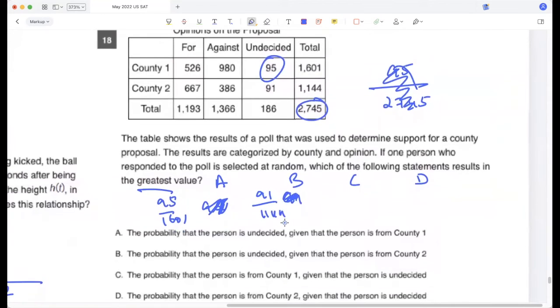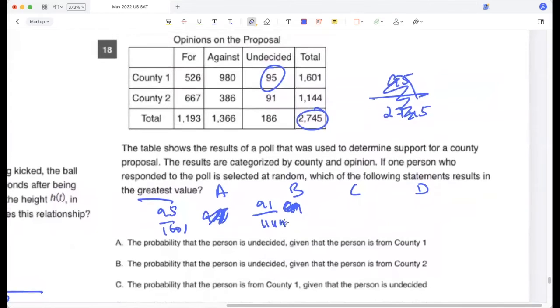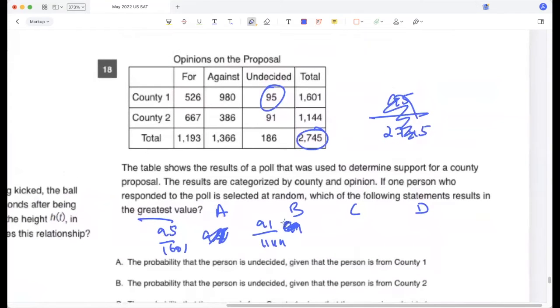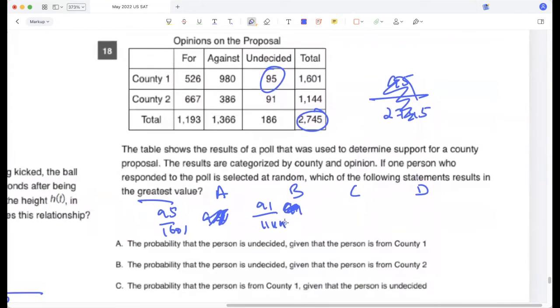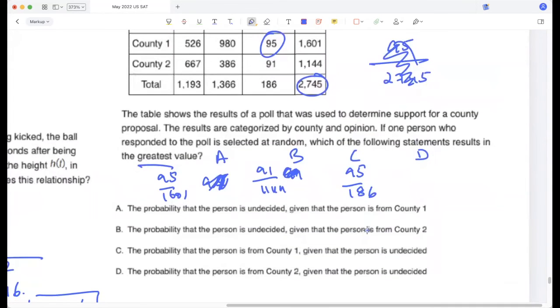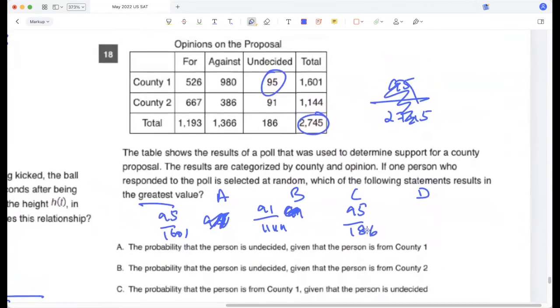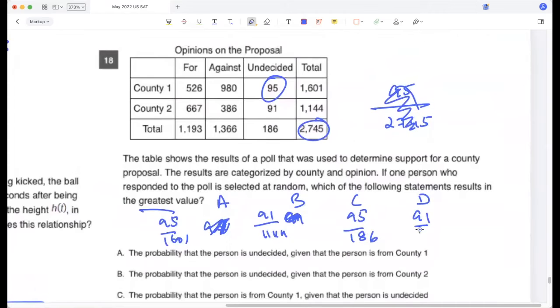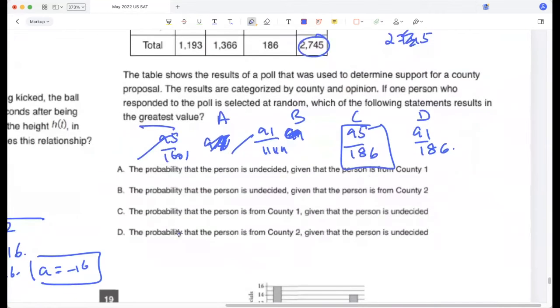Is from county 1, given that the person is undecided, so that's 95 by 186. And the probability that given that the person is undecided is from county 2, so 91 by 186. Right? So clearly these two are out because the denominators are really big. And between these two, the numerator is greater here. So C is the answer.